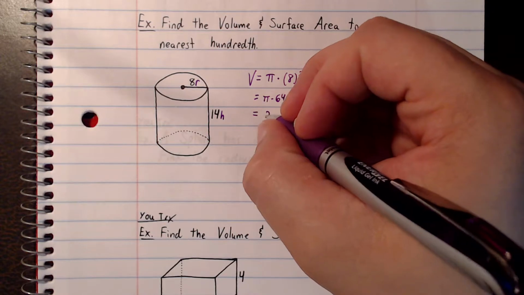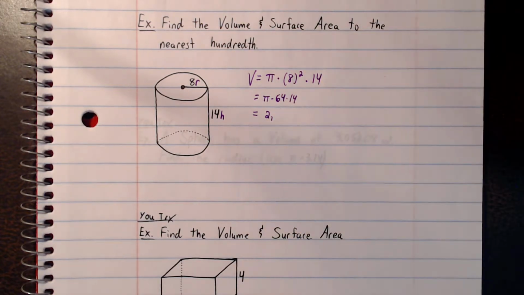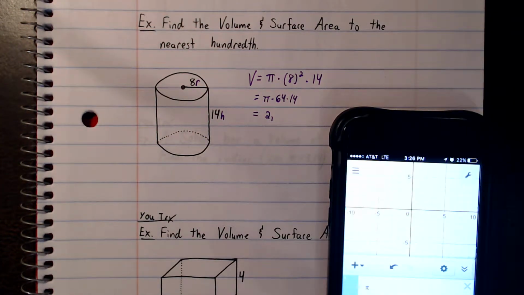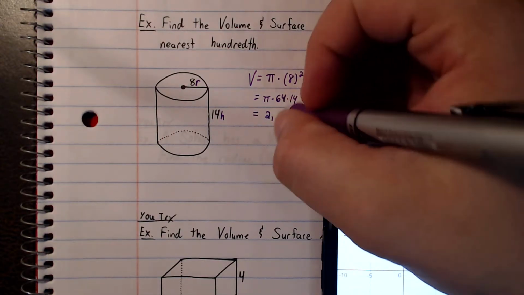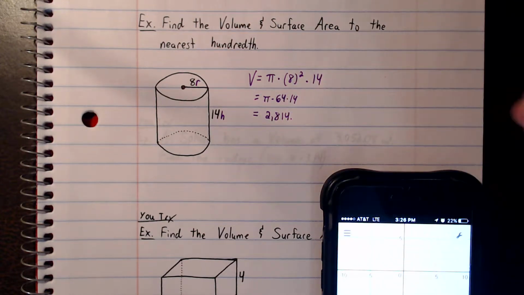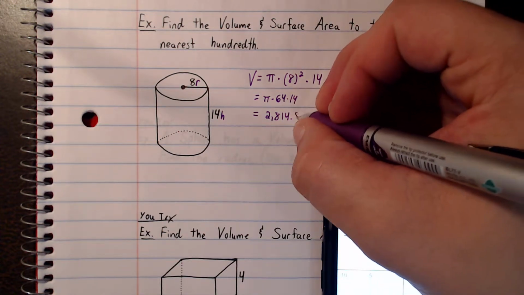Oh, right. Sorry, we're going to type this into our calculator. I kind of jumped the gun there. Pi times 64 times 14 is 2814.867. If we round, that 867 is going to round up to 0.87.